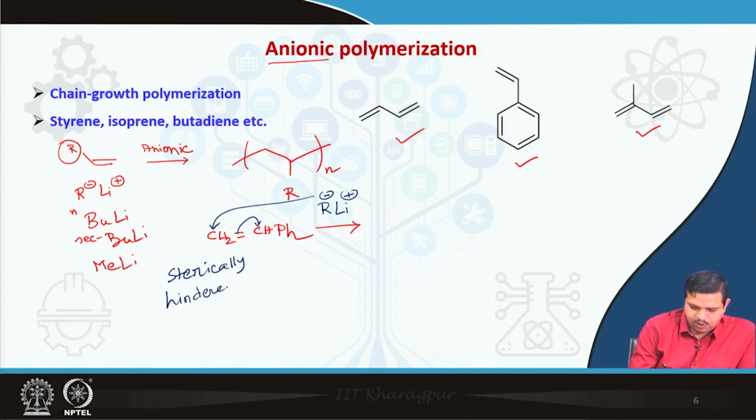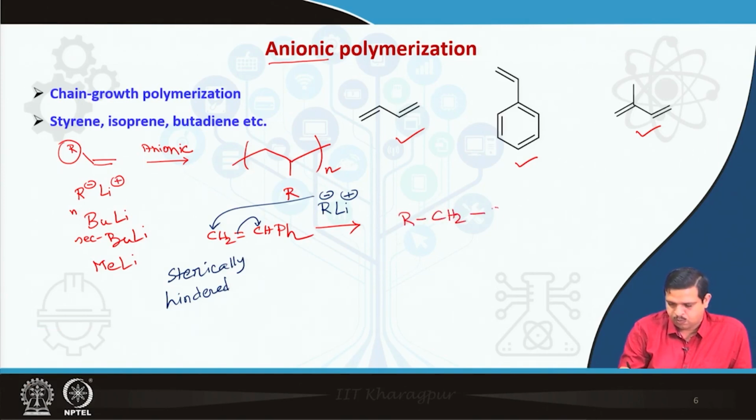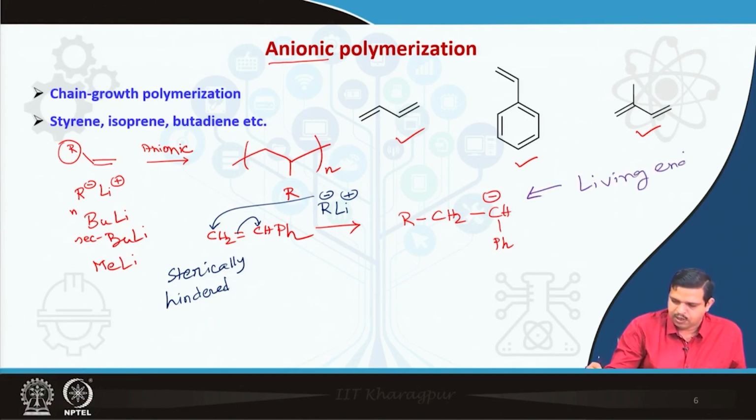So, this is the preferred position, and then what you will get is the living end. This anion is conjugated with the phenyl group, so it is stabilized due to the pi conjugation.